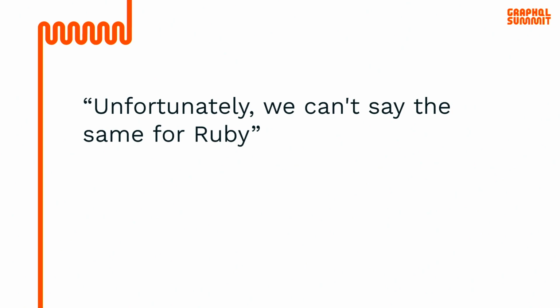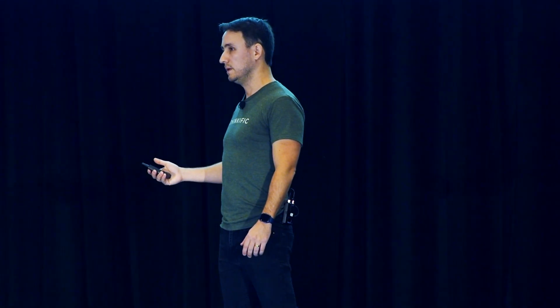But unfortunately, we can't say the same thing about Ruby. In Ruby, we have a code-first implementation, where it generates a lot of things for us, especially the relay connection types. And because of that, we had a lot of trouble when we were implementing the contracts for Ruby. We got in contact with the maintainer of the gem. We did some digging into the library in order to be able to support Apollo contracts.